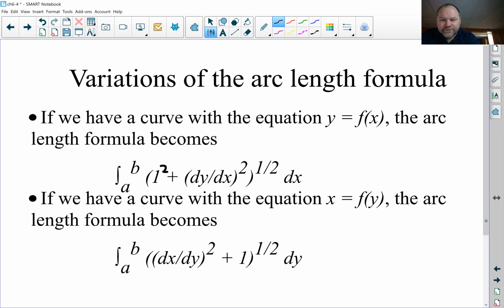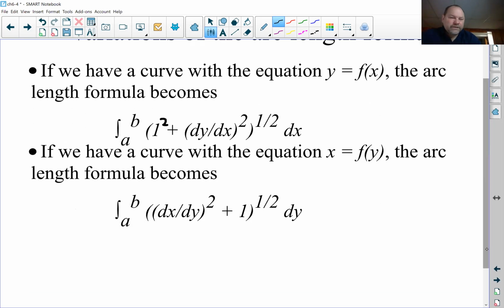If it's x equals a function of y, then it's just the derivative of x with respect to y squared plus 1. Again, if you want to think of that 1 still being squared to keep the formula consistent, you could, and then take the square root. Usually, if we have one of these forms, we are not going to be able to find the integral exactly.